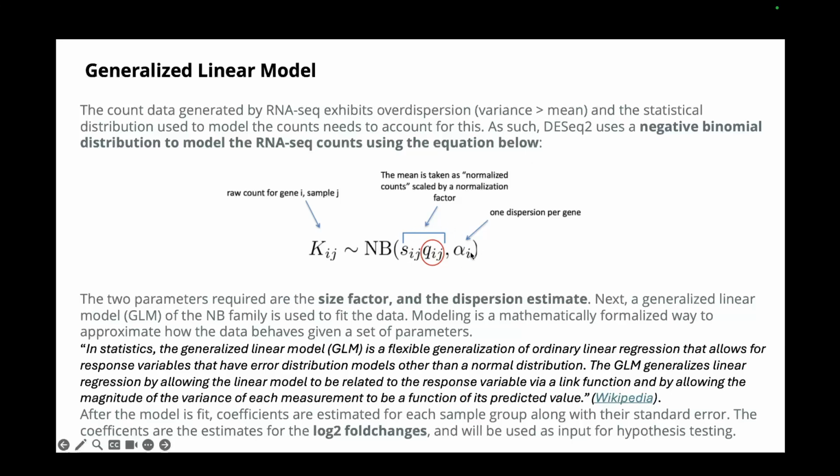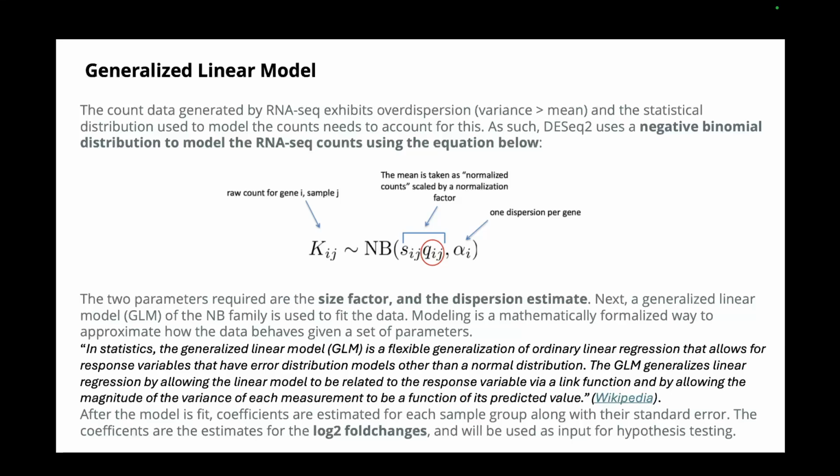So you have a negative binomial distribution with normalized counts as your mean, and whatever the dispersion for that particular data set is. And your k on the left hand side denotes the raw counts for a particular gene in a particular sample.